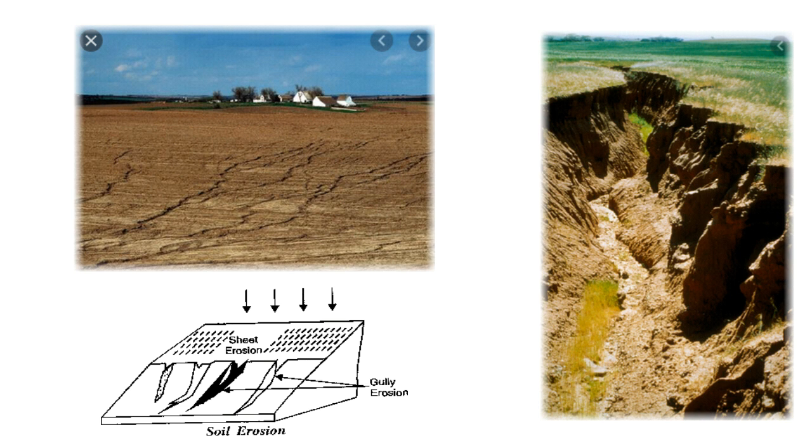On the other side, if there is excessive erosion through specific channels, this kind of too much erosion can lead to gully erosion.